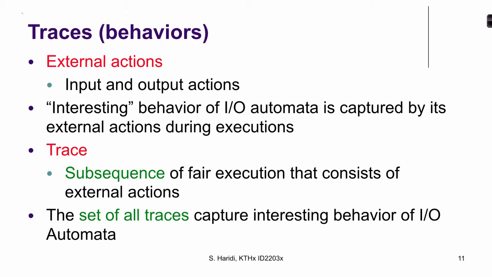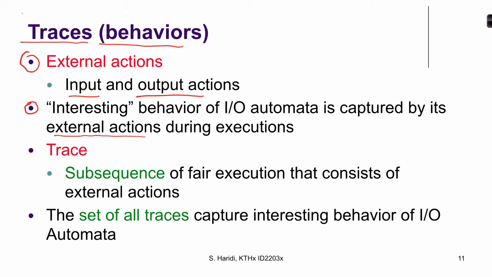Another concept we have is, when we look at a distributed system or a distributed algorithm, we want to observe the behavior of that system. If you consider the automaton itself or the system as a black box, what you can observe is external actions, input and output actions. In general, the interesting behavior of an IO automaton is captured by its external actions during an execution.